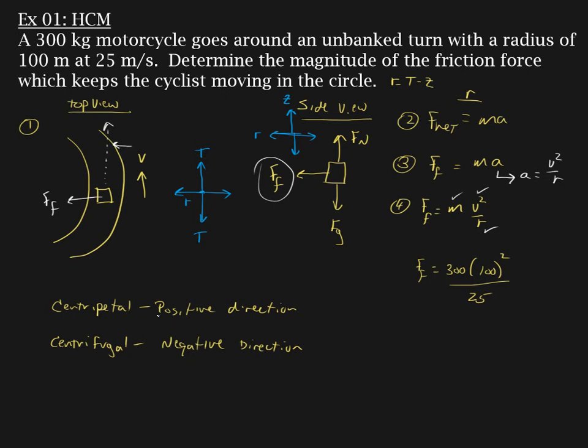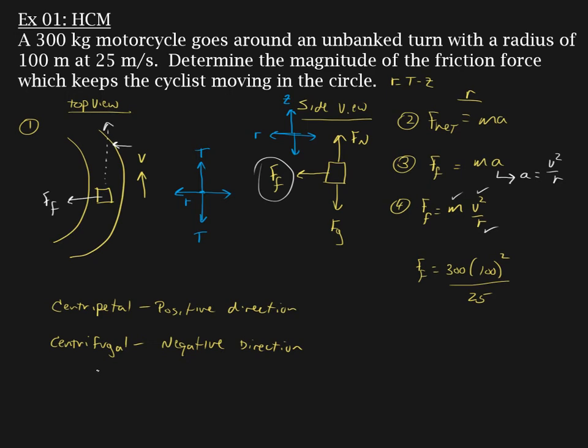Now, I want to caution you, centrifugal is something that you're hardly ever going to use. We don't really want to emphasize these terms. In fact, I prefer not to use them much at all because they tend to cause so much confusion. Nonetheless, centripetal just means the positive direction, which is towards the center of the circle, and centrifugal means the negative direction, which means away from the center of the circle.